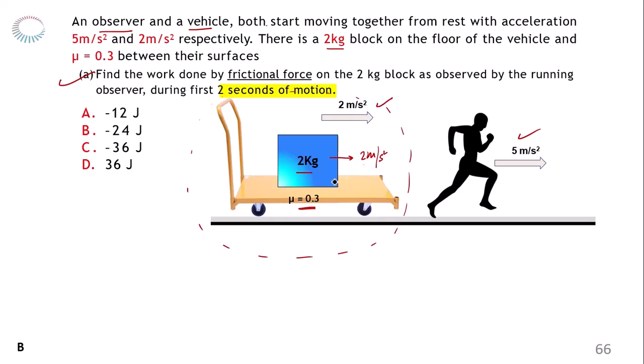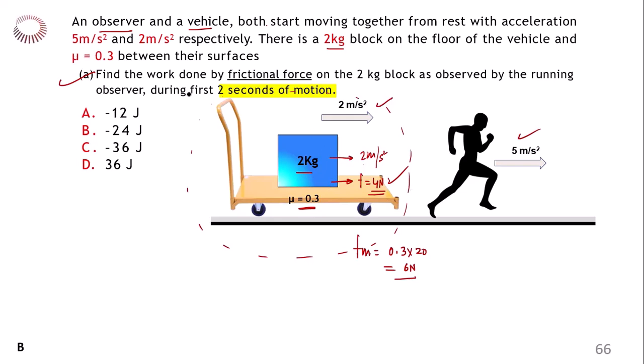Here F requirement is 4 Newton. Now you have to check whether you can give 4 Newton or not. For that, calculate the limiting value, that is 0.3 into 20, which is 6 Newton. The requirement of friction is less than the limiting value, which means this is possible. So on the block, 4 Newton force of friction is there.